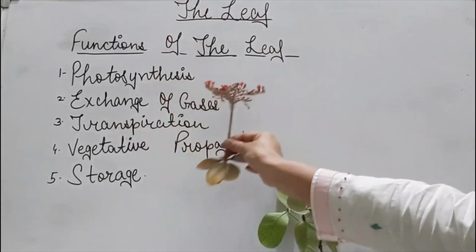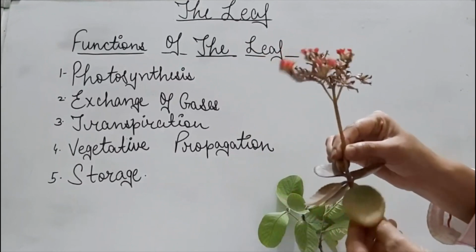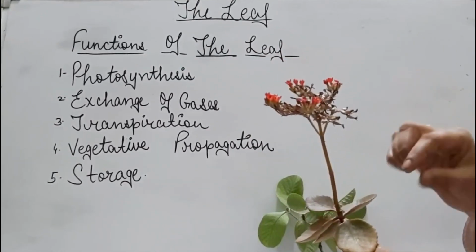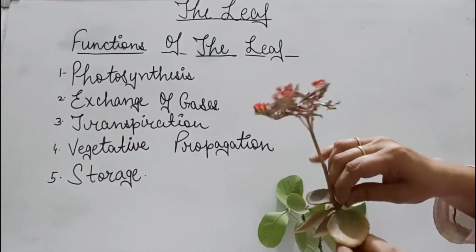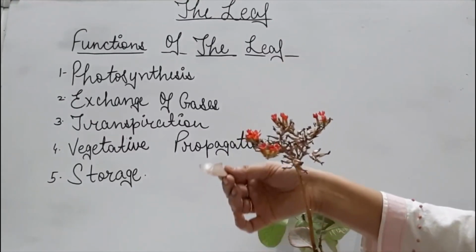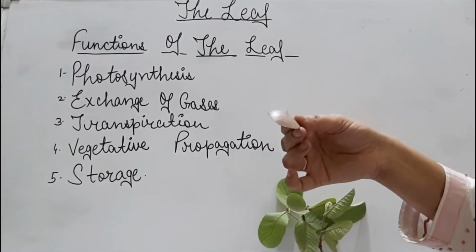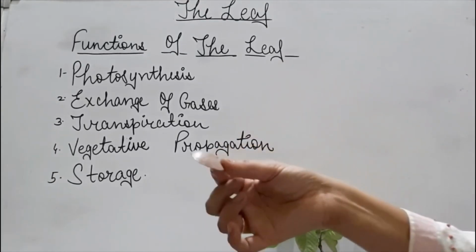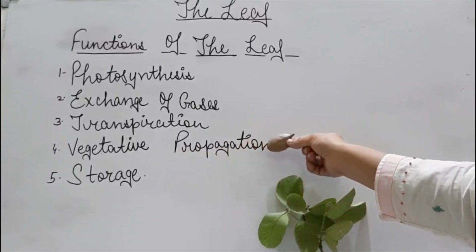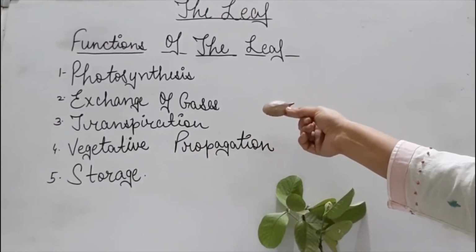In the bryophyllum plant, the leaves which have buds are able to grow into new plants. If we pluck the leaf of the plant and sow it into the soil, then a new plant arises from this leaf. So some leaves also participate in vegetative propagation, which is also known as vegetative reproduction.